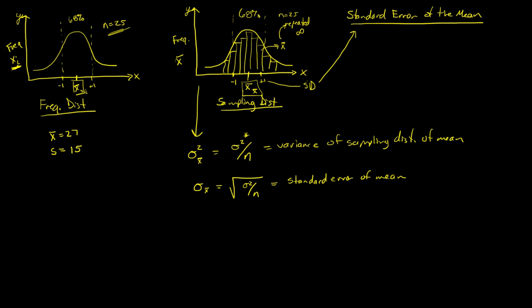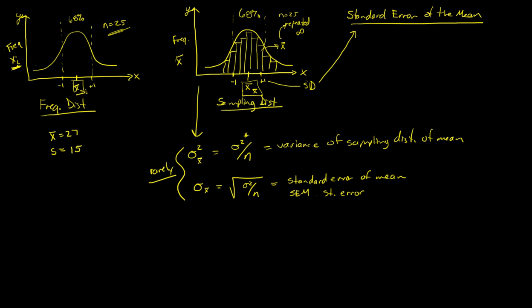Now you might see alternative names, you might see it as SEM, or you might just hear it called standard error, but it's really the standard deviation of the sampling distribution of means. That's what the standard error is. But remember, we rarely know what the population parameters are, so we need to use point estimates.